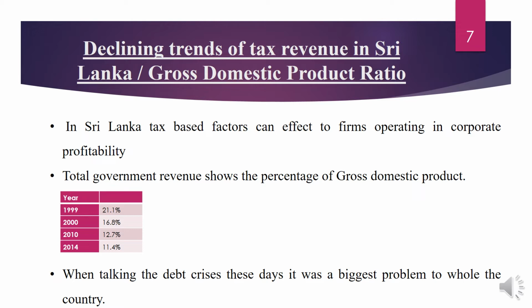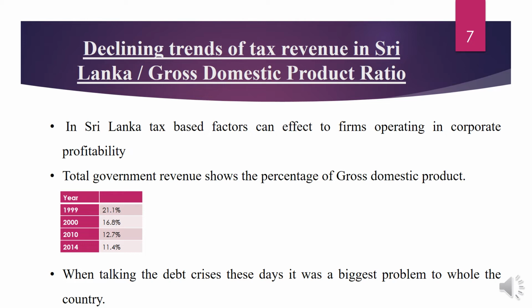So, declining tax revenue can happen because of reductions in the corporate tax rate. There are some reasons for that. The average effective corporate tax has decreased over time, with reductions in the statutory rate and changes in the tax.